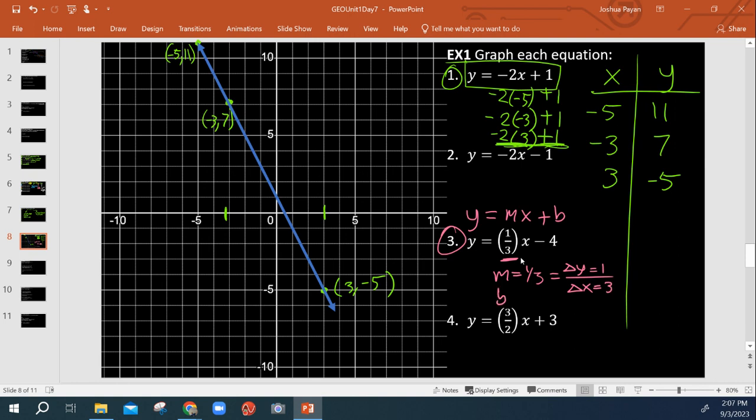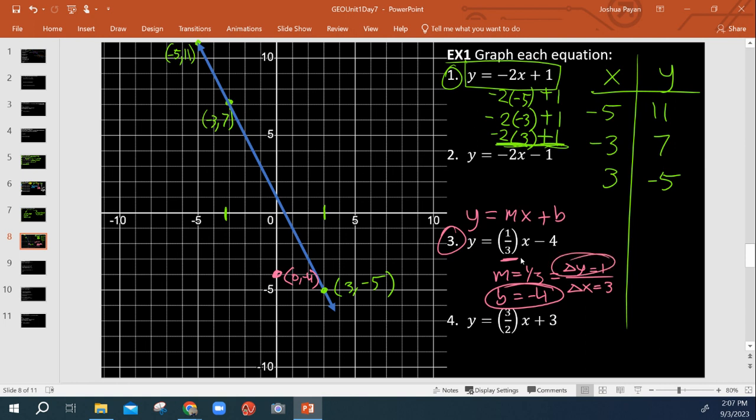And b is my y-intercept. So what that means for me is I'm going to start at my y-intercept of y equals -4, 0 by -4. And then we're going to see how easy this is.